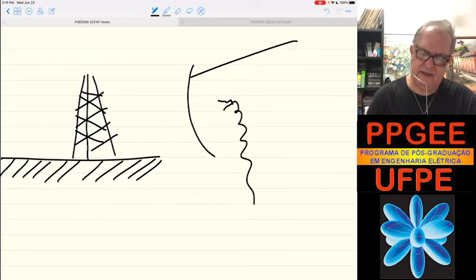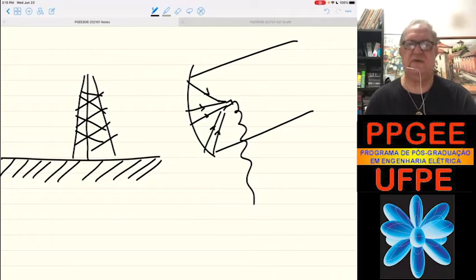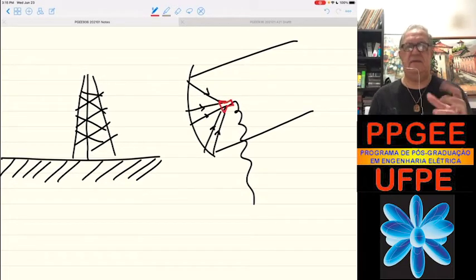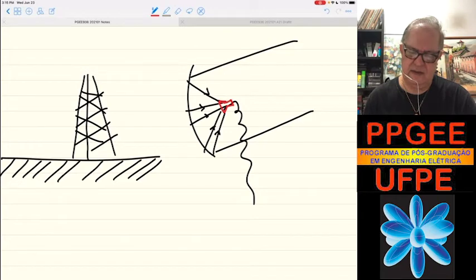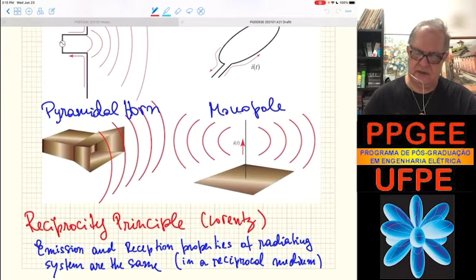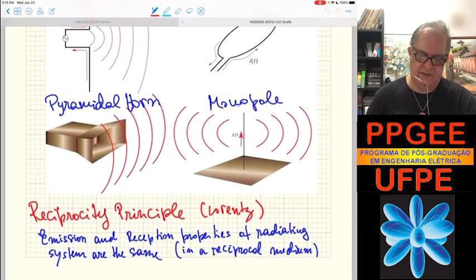So the incoming radiation is focused down to the focus of the paraboloid, and you have a pyramidal horn right here to catch the radiation coming to the parabolic antenna. We have this type of antenna, and also the monopole antenna I just drew for you, just a piece of wire.